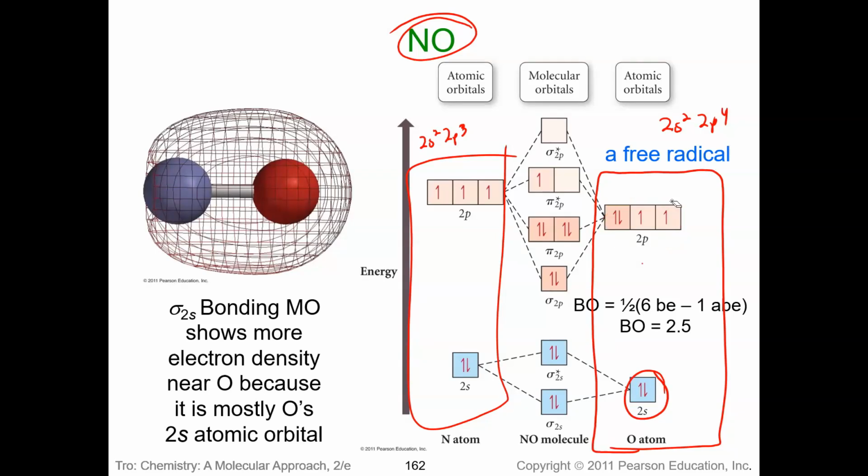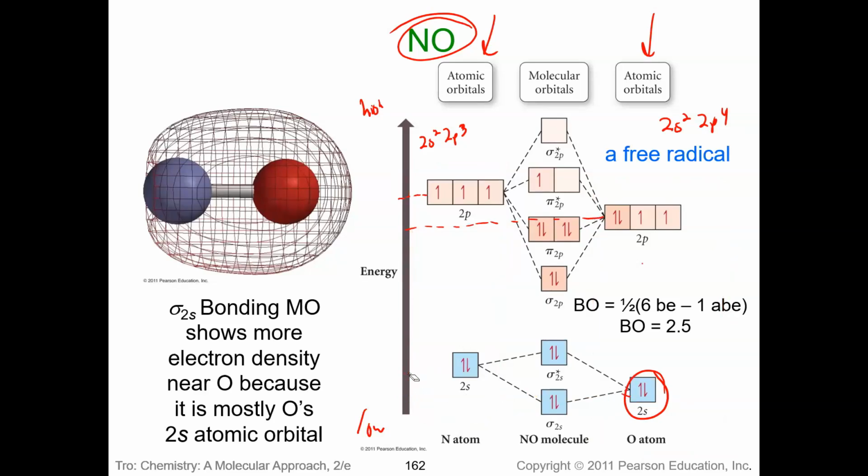Okay, so what does that mean here? So if we look here, again, here's our atomic orbitals. Oxygens are lower in energy, right? Here's low energy, high energy. Oxygens are lower than nitrogens because it's more electronegative. So you can see here, look, oxygens are lower.